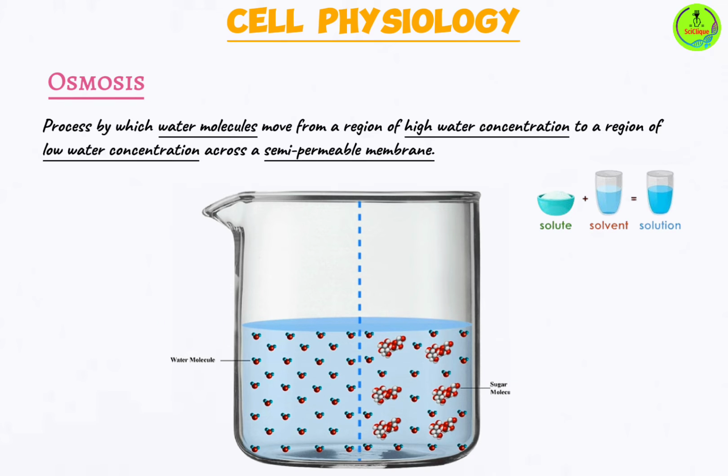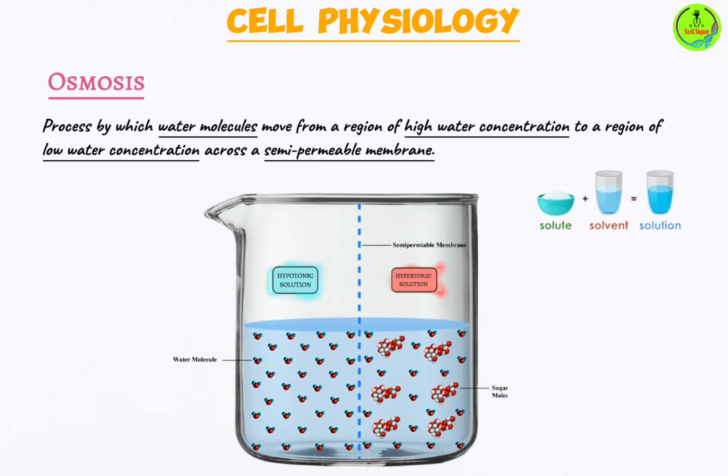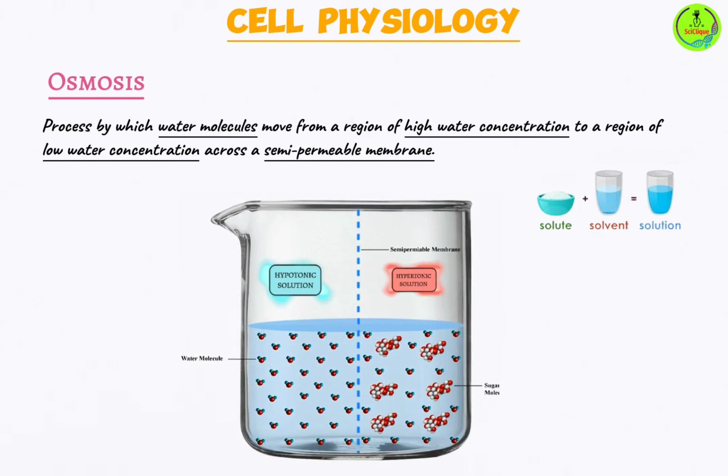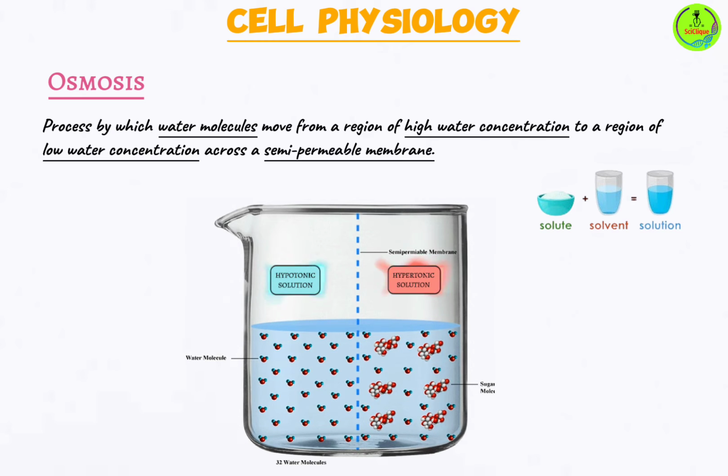So if you have two solutions that have unequal concentrations, and these solutions are separated by a semi-permeable membrane, what will happen is that you're going to have water molecules moving from the solution that is dilute to the solution that is concentrated. So for example, if you have the following setup, you have two solutions separated by a semi-permeable membrane.